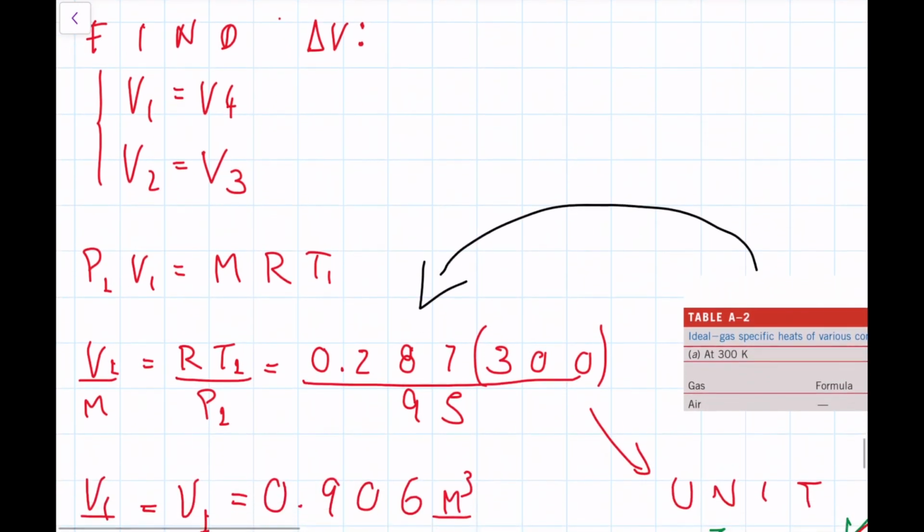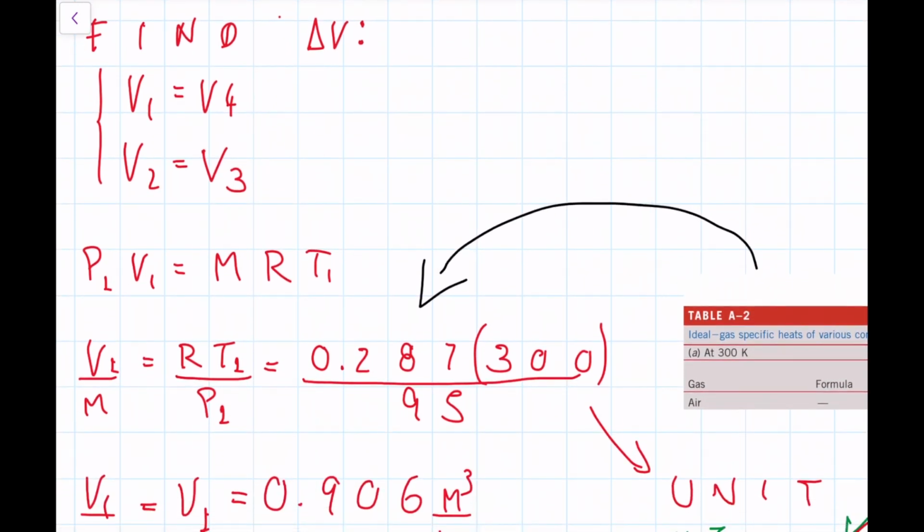Okay, so let's find my delta V. P1 V1 equals mRT1. This is the best state because we have it all defined from the start. So what I'm going to do is send the mass dividing over here, so I'm going to have volume 1 over mass, that's going to be a specific volume, right?